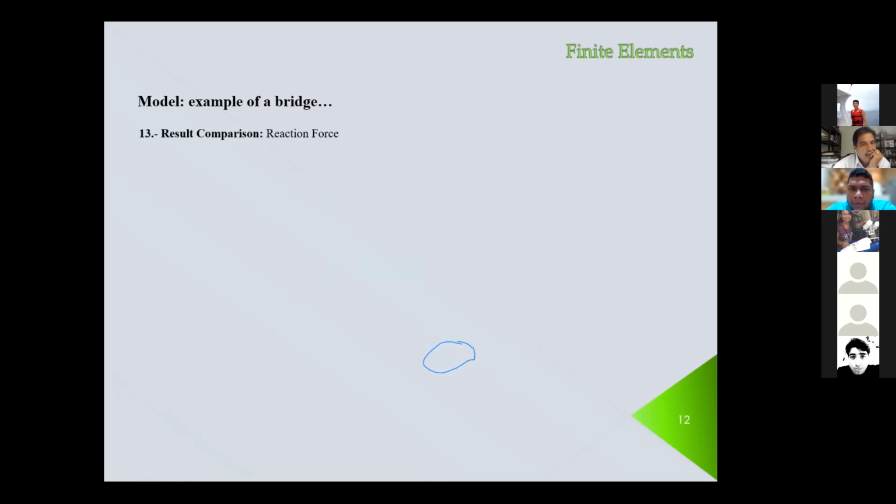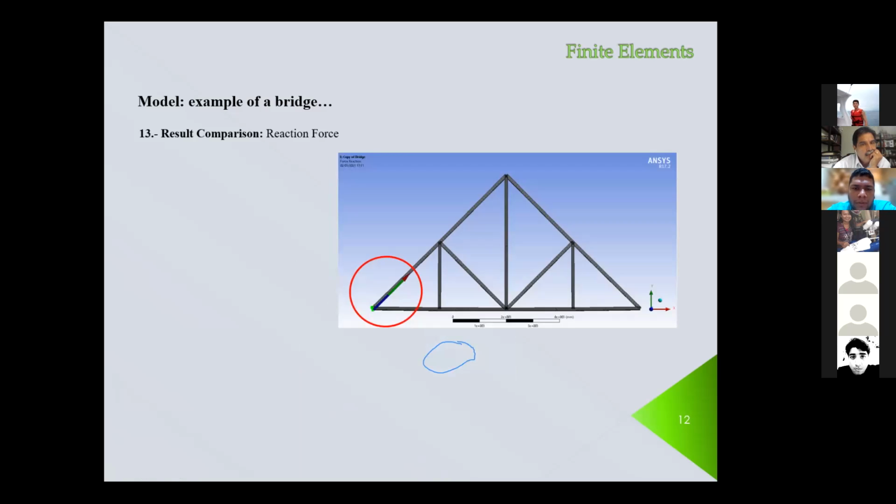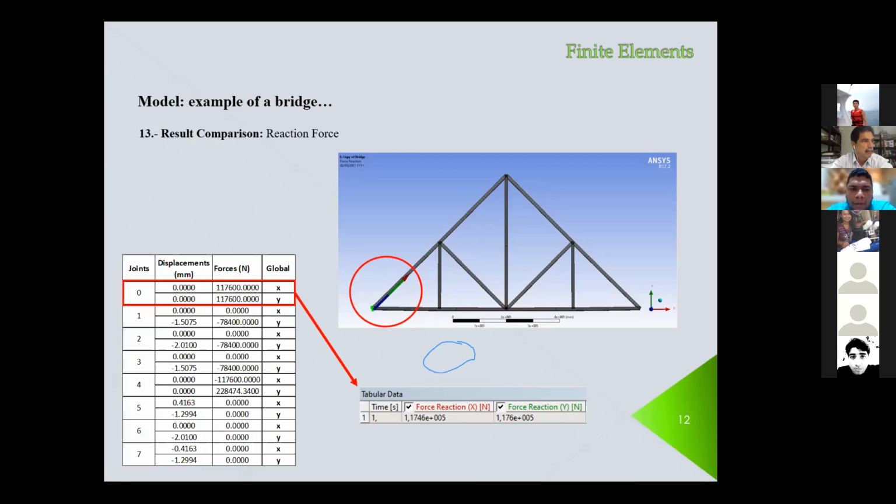If you see the reaction force, for example, at the left end, you see the reaction forces, the component in the x-axis and the component in the y-axis, and compare with the Python program.